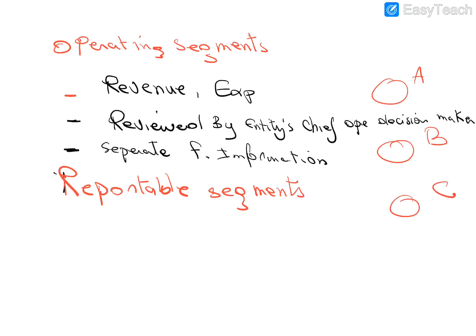The following rules are used to identify an entity's reportable segments. The first one: two or more operating segments may be combined into one operating segment if they have similar economic characteristics, like similar product nature or distribution method.